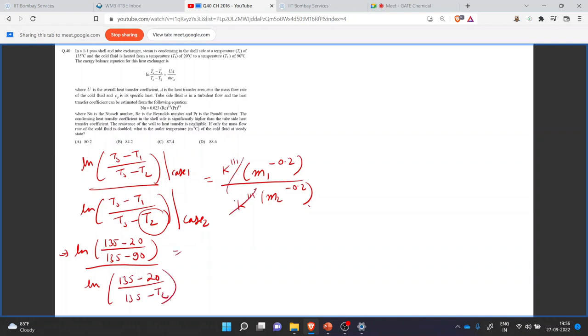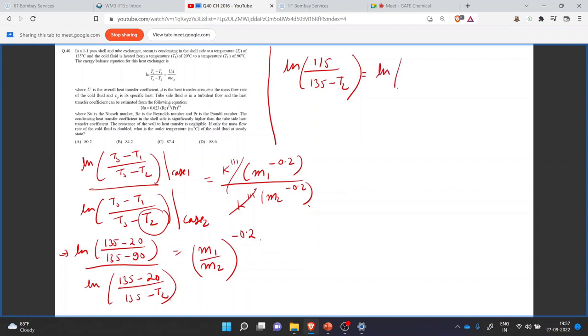This will get cancelled out, and m1 upon m2 raised to minus 0.2. We can write this as ln of 115 upon 135 minus T2. This will go over this side and this will come into the numerator.